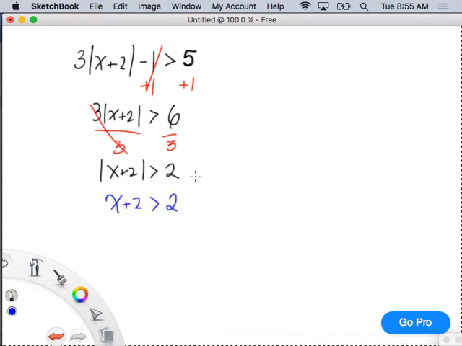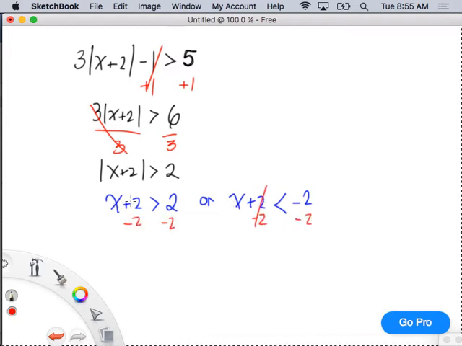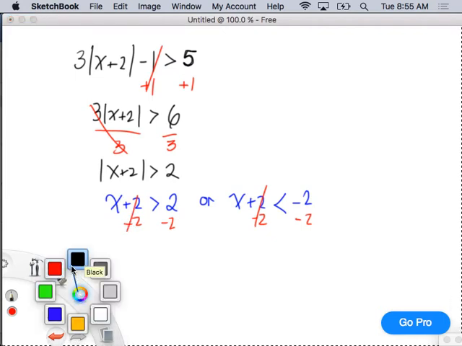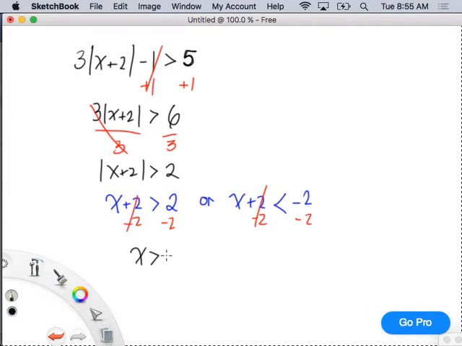It's more than, so it's or. X plus 2 is less than negative 2. You see? And then to solve, I subtract 2 from both inequalities on both sides. And I end up with x is greater than 0 or x is less than negative 4.